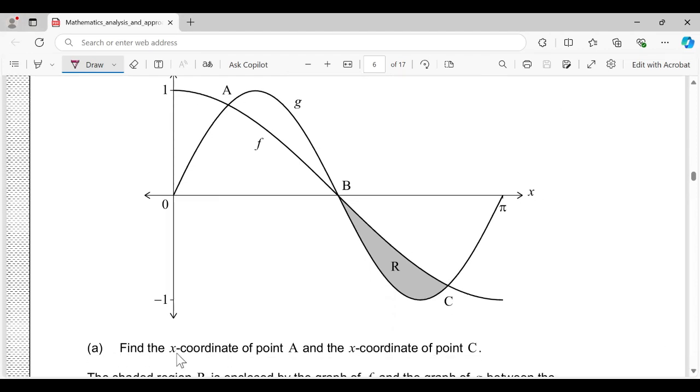A, find the x coordinate of point A. So we are going to find this x.